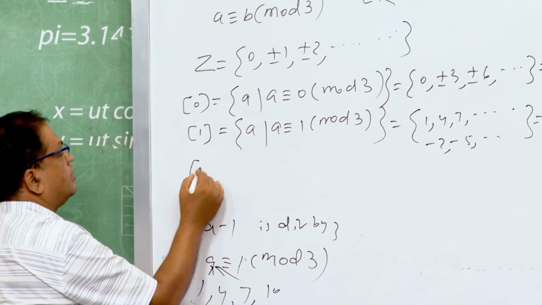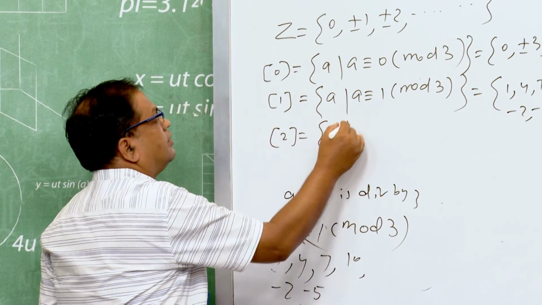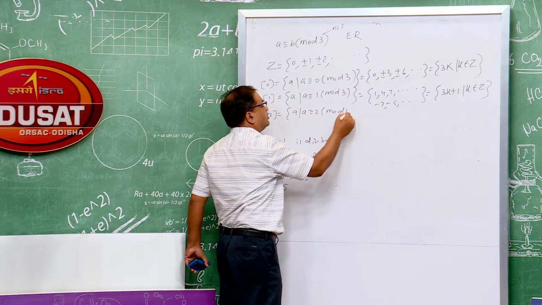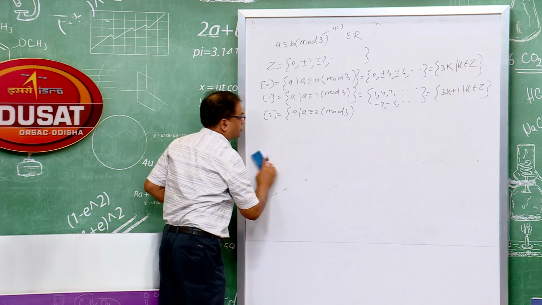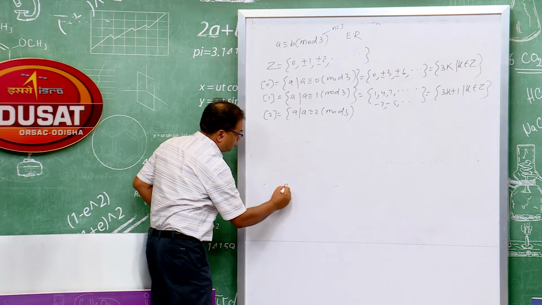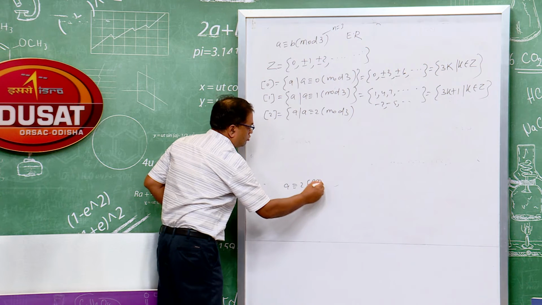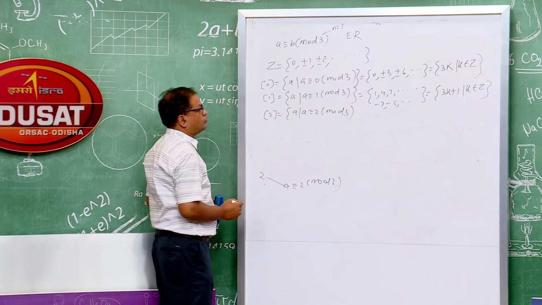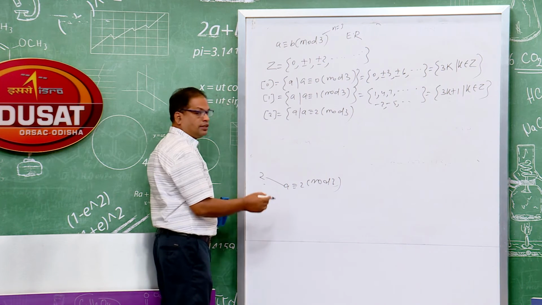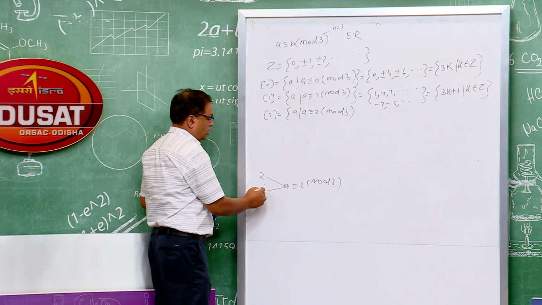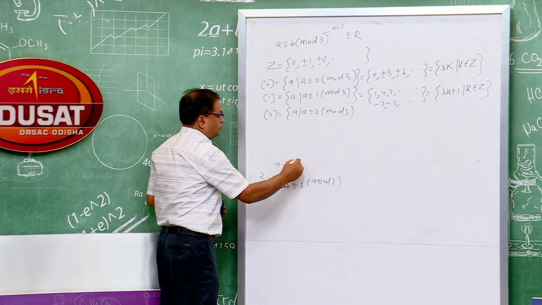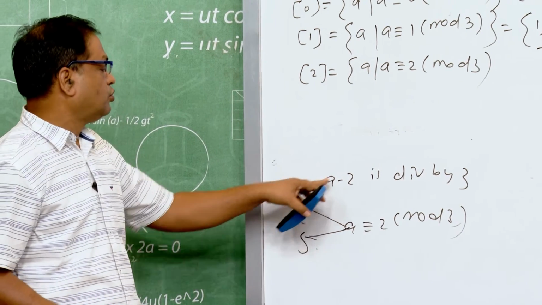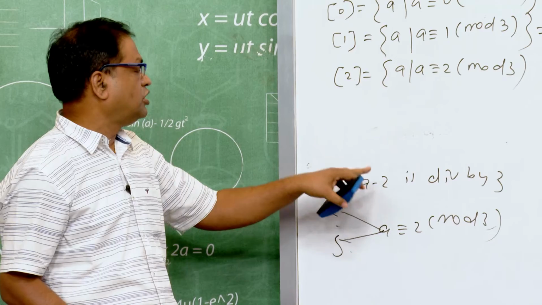Similarly, the equivalence class of 2 is a congruent to 2 mod 3. That means the set of integers which are congruent to 2 mod 3. So, what will be the value of a? a may be 2, 2 minus 2 is divisible by 3. 5 minus 2 is divisible by 3.